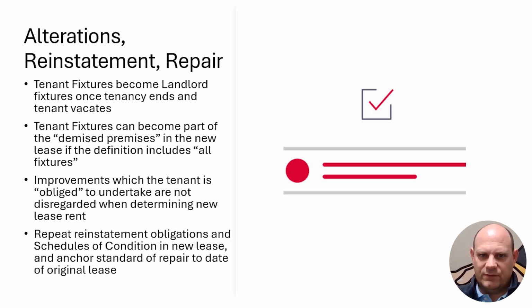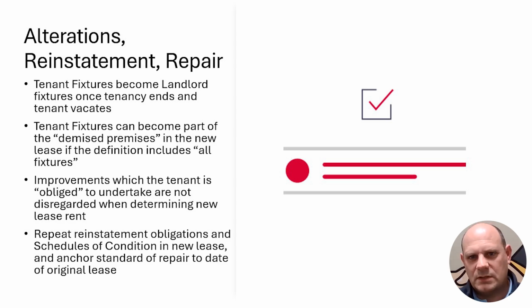And if the fixture becomes part of the demised premises under the new lease definition, because it defines it as the premises together with all fixtures and fittings therein, then the air conditioning is no longer a tenant's fixture, but is part of the premises, and the air conditioning can again be monetized in relation to the new rent.